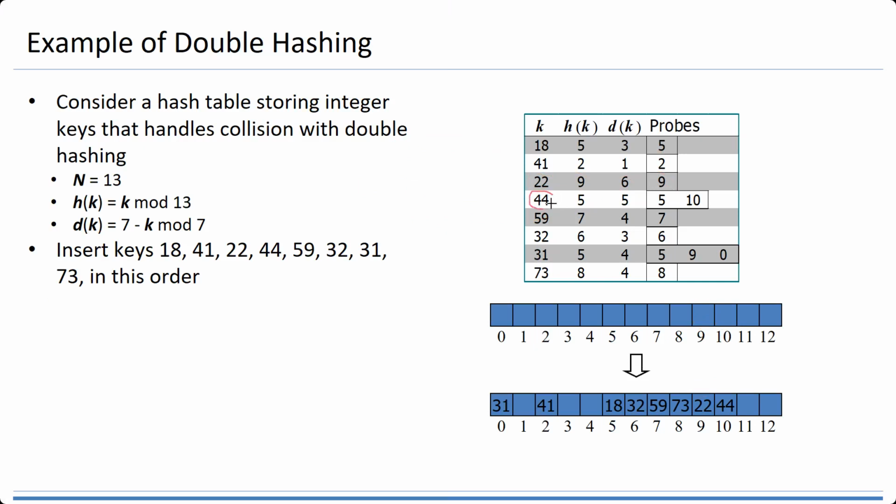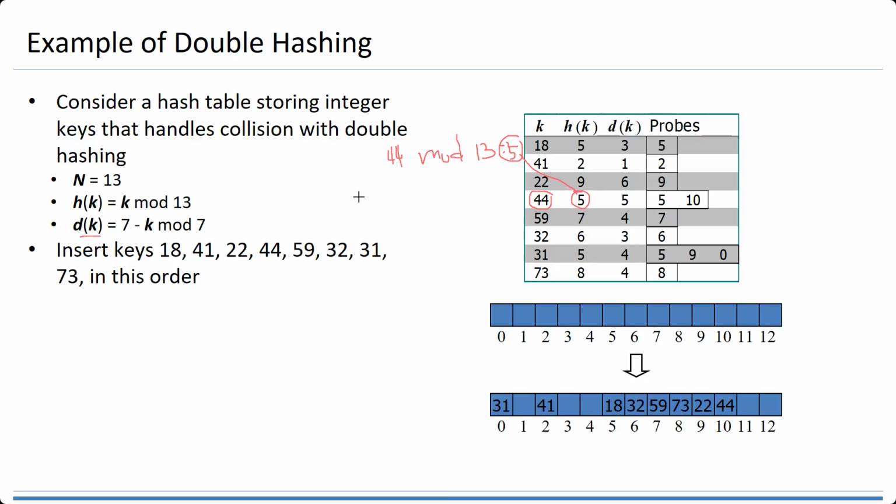Next, we have 44. 44 mod 13. Then this is 5. Okay, we put 5.